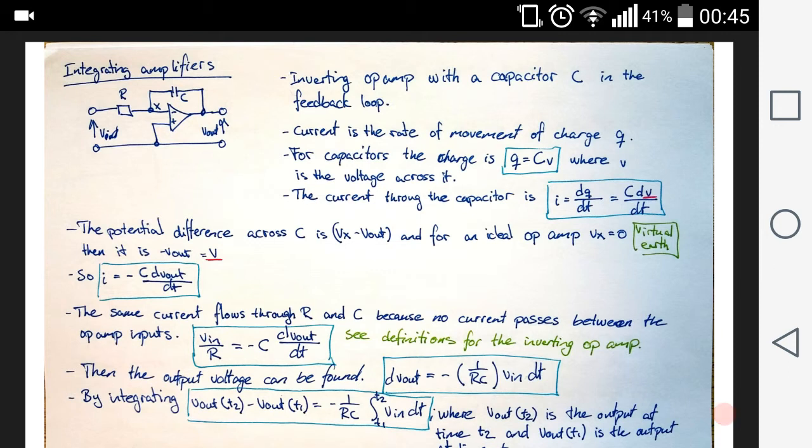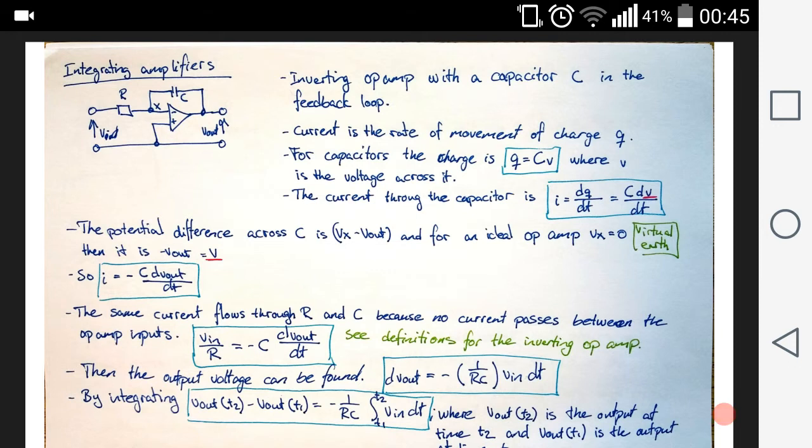The potential difference across the capacitor is the potential voltage at the node X minus the output potential voltage. And for the ideal operational amplifier, we say that the voltage at node X is equal to 0. Just think of virtual Earth.